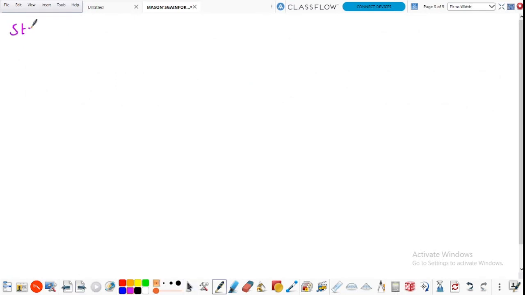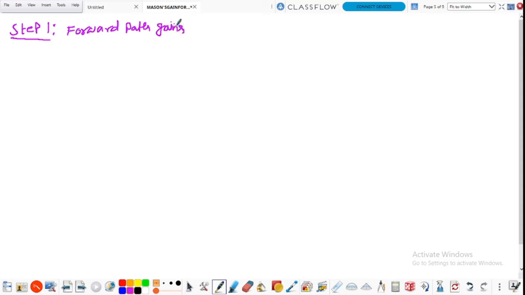Step 1: calculate the number of forward paths and forward path gains.